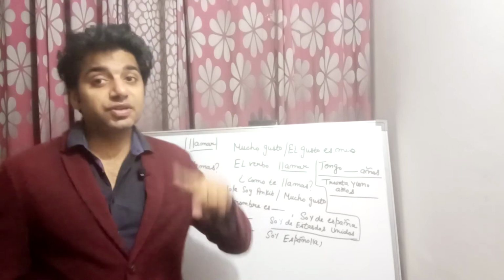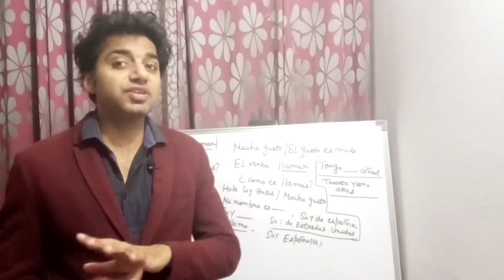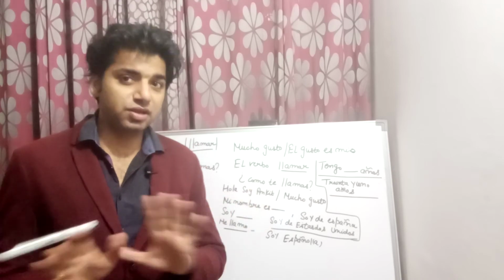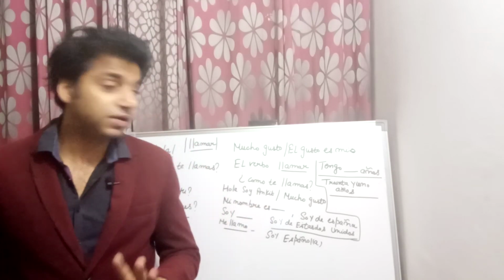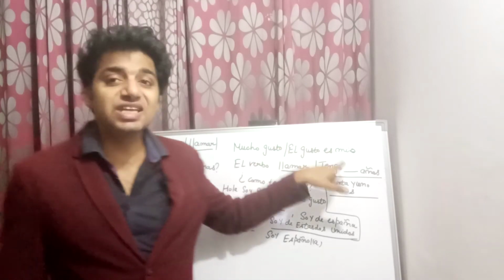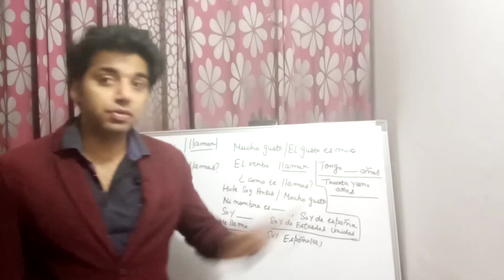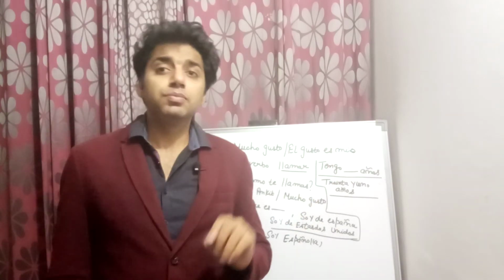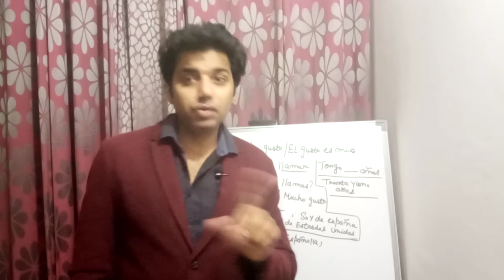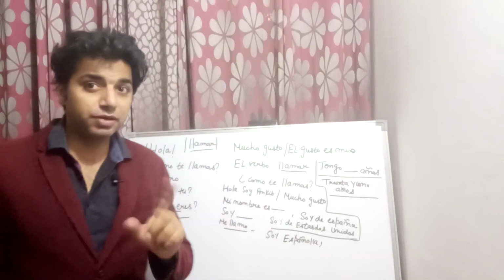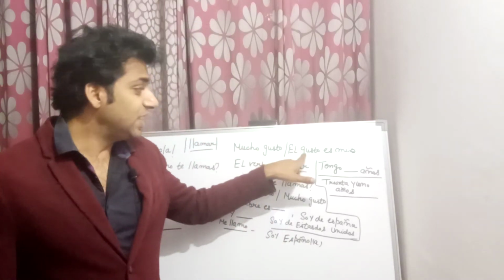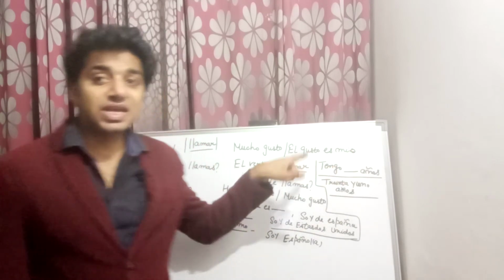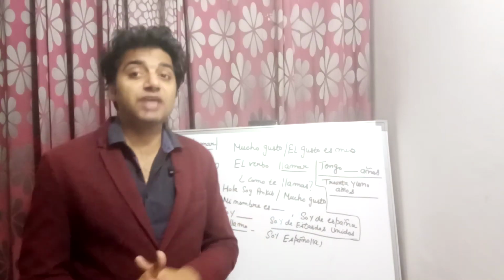If the other person says nice to meet you too, we cannot say igualmente, no, please. That's wrong Spanish. We use el gusto es mío. El gusto es mío is basically nice to meet you too.